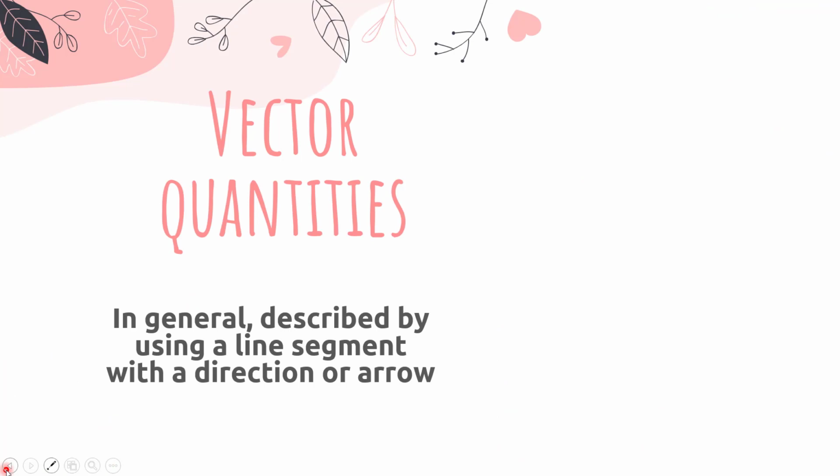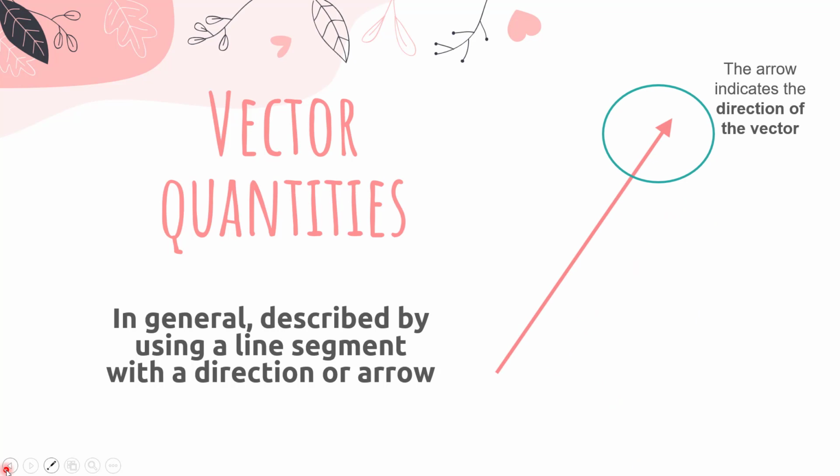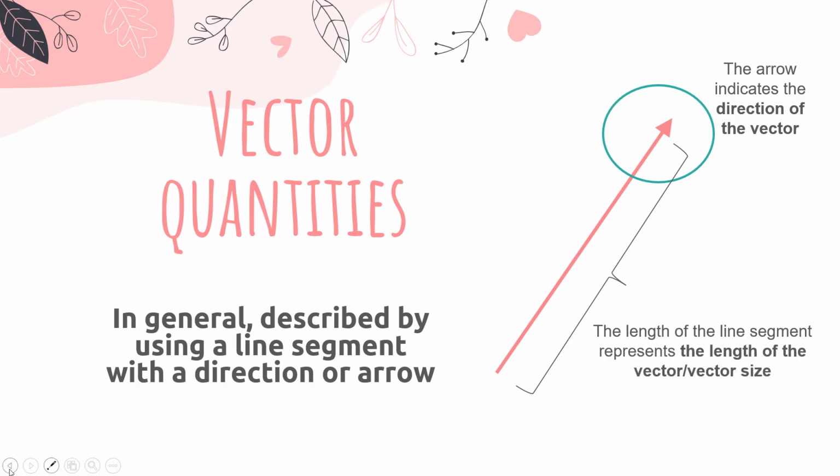In general, it is described by using a line segment with a direction, or arrow. So this is the arrow. At the end of the arrow, you have the direction of the vector, and the line segment represents the length of the vector, or the vector size.